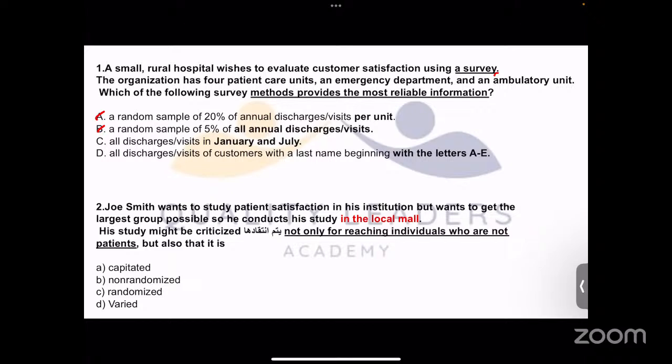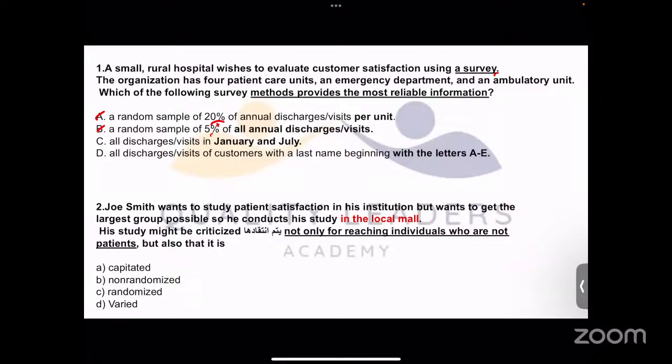Now A states that I will take 20% from each unit, meaning I have a large sample size. But in B, only 5% at the level of the whole organization is taken, so there is a small sample size.